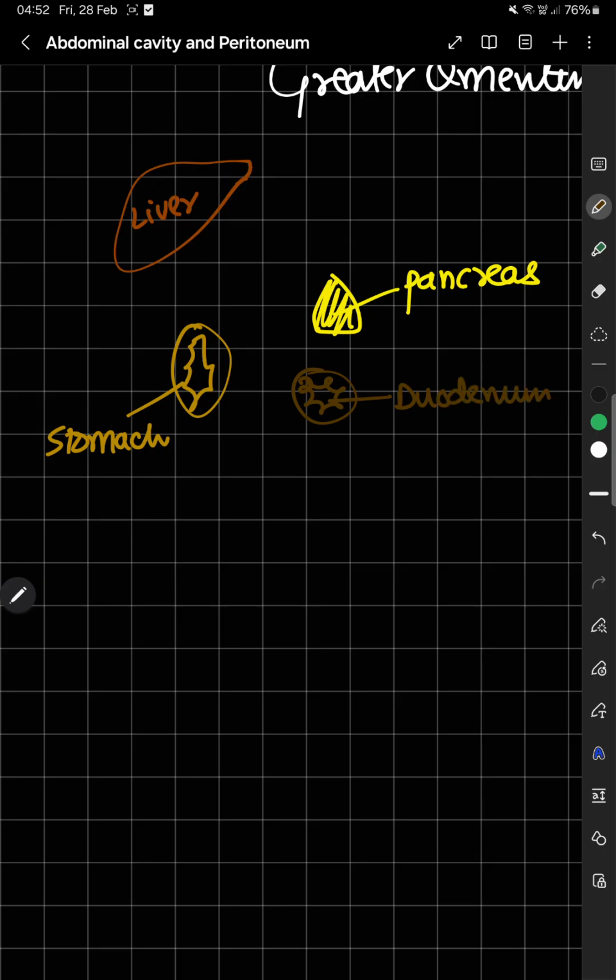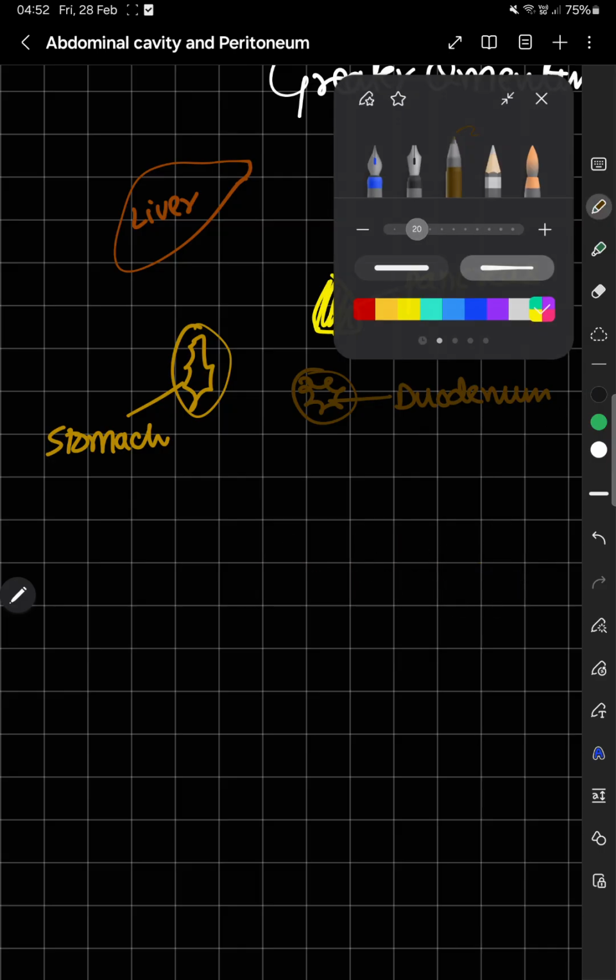And somewhere over here we'll have our transverse colon, and then somewhere over here I think we can take another color for the transverse colon.